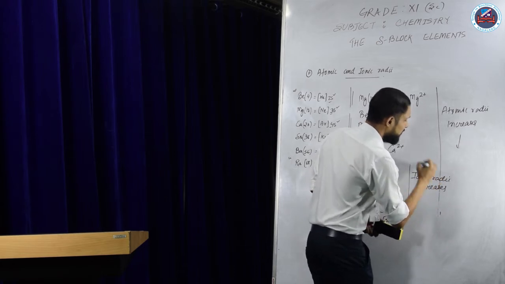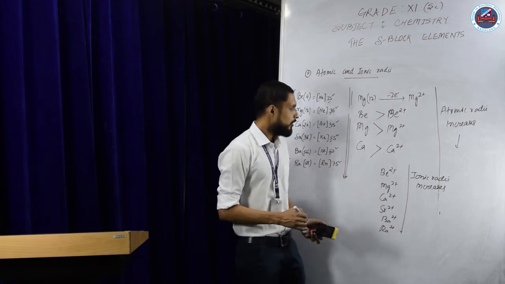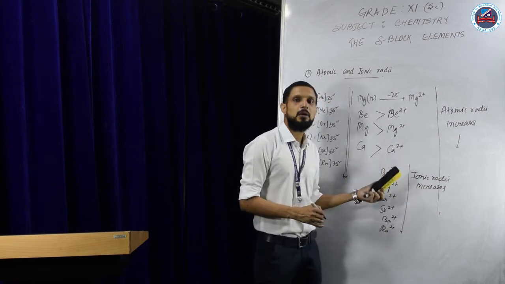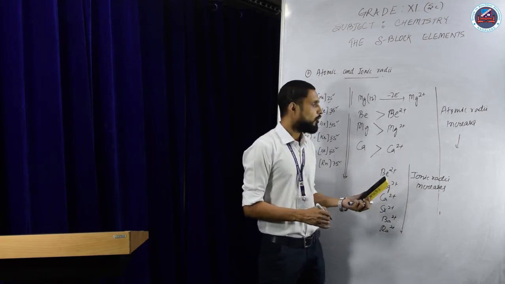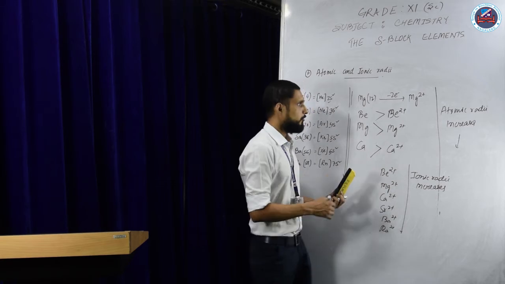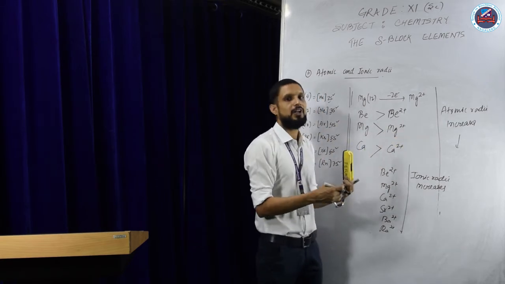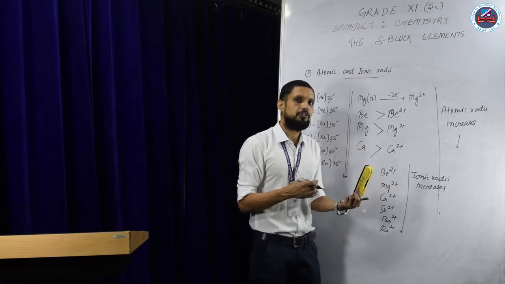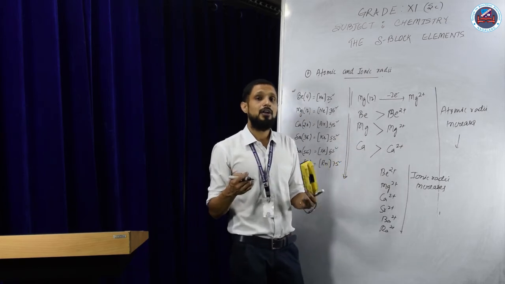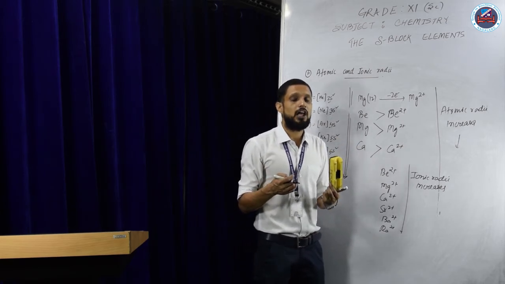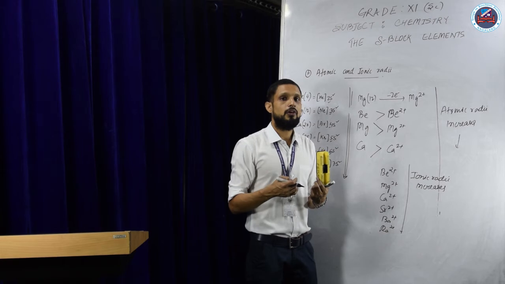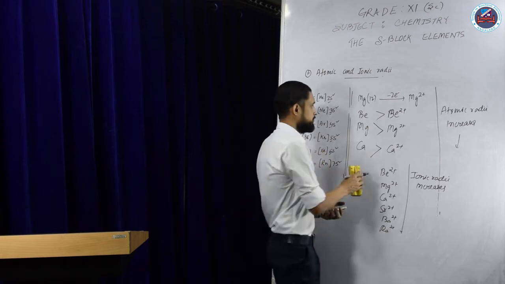This is simply because of the increase in number of electronic shells. The concept remains same for atomic radii and ionic radii if you go down the group, but if you compare atomic radii with ionic radii, atomic radii of group 2 elements will be longer.